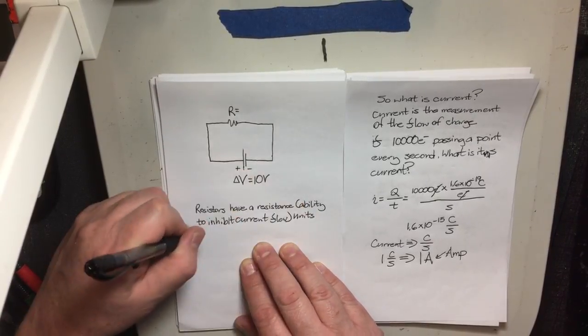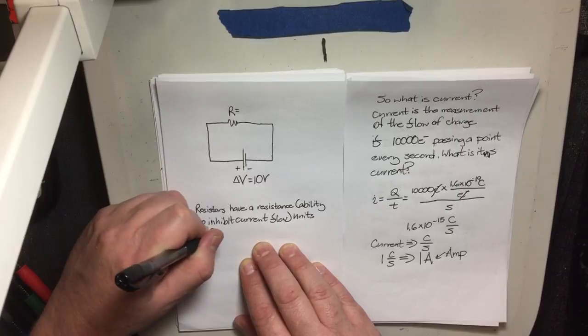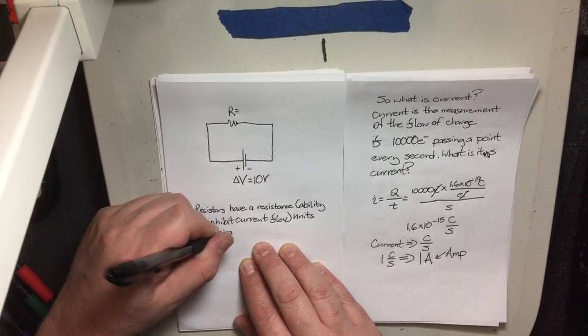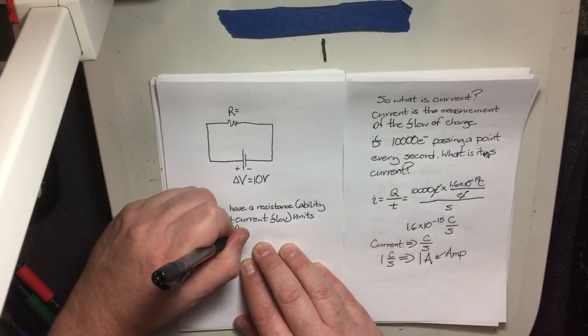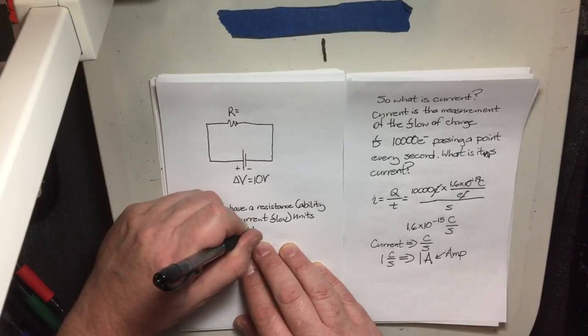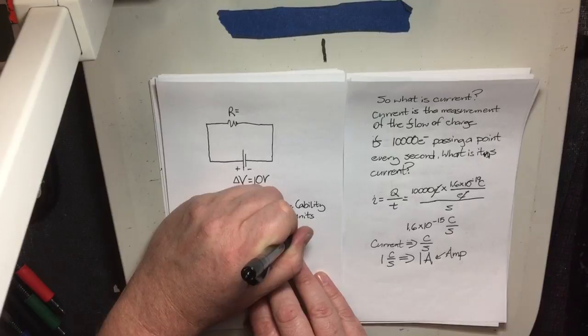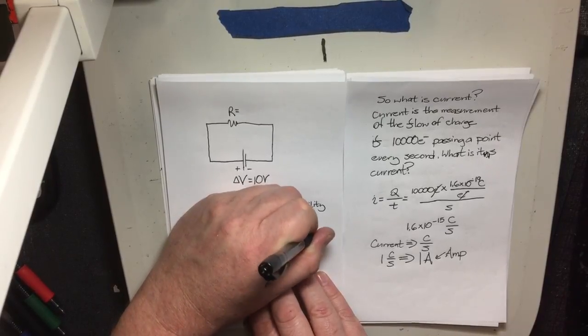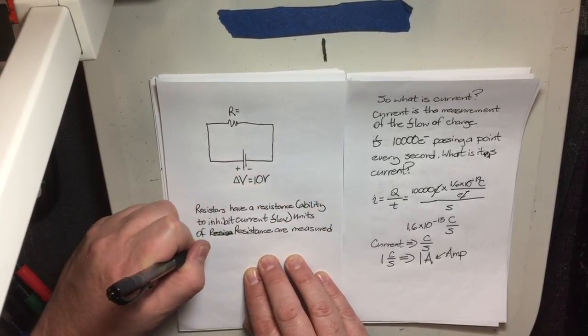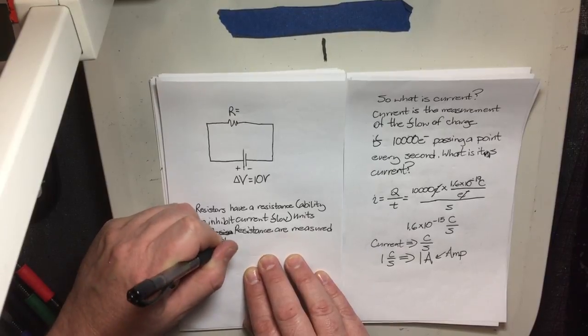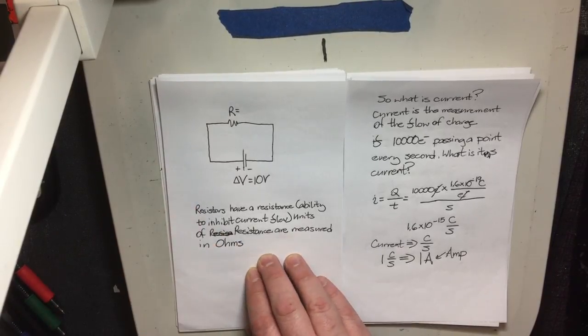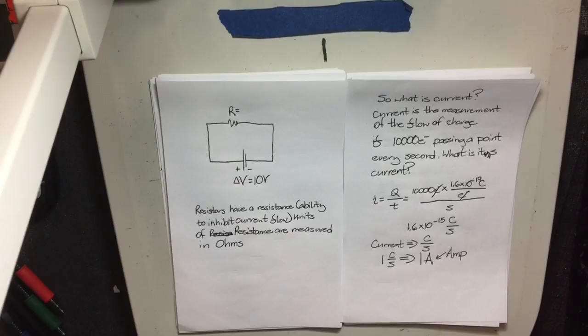Units of resistance are measured in ohms. So that is the unit of resistance.